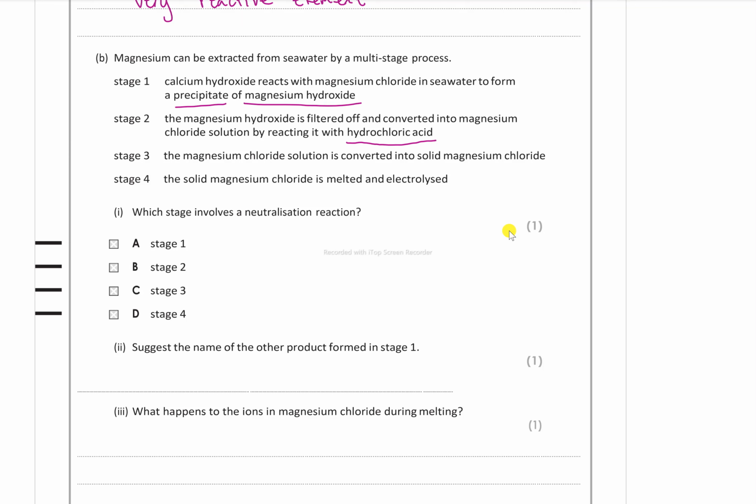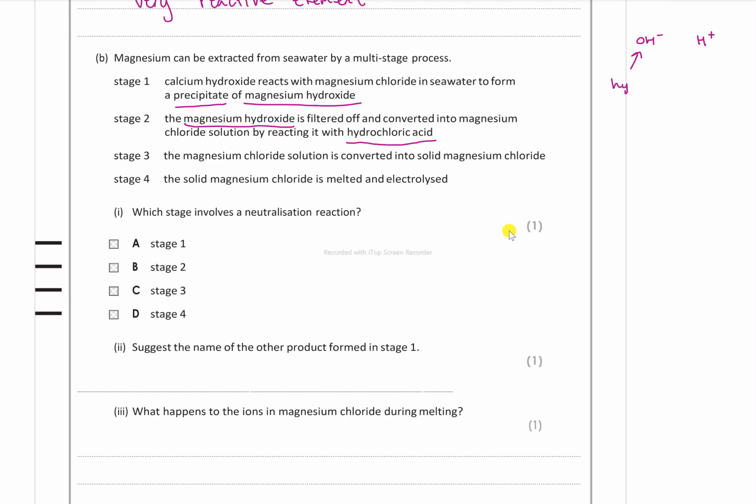Fair enough. Which stage involves a neutralization reaction? So where you've got hydrochloric acid by reacting it with the magnesium hydroxide. So magnesium hydroxide is alkaline, hydrochloric acid is an acid. What makes something alkaline?